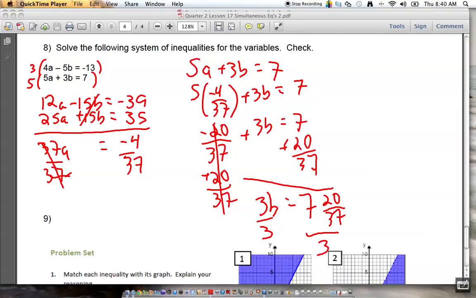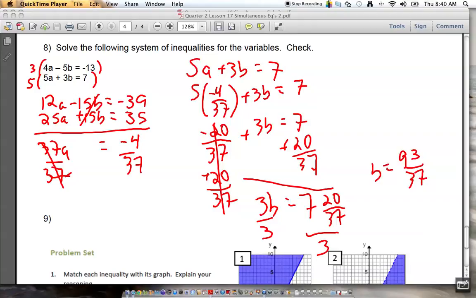And off the top of my head, I don't know what that is. 7 and 20/37 divided by 3. Make sure you put parentheses 7 plus parentheses 20 divided by 37 parentheses divided by 3. You should get somewhere in the neighborhood of like 2.5-ish. Yeah, 93/37. Good.